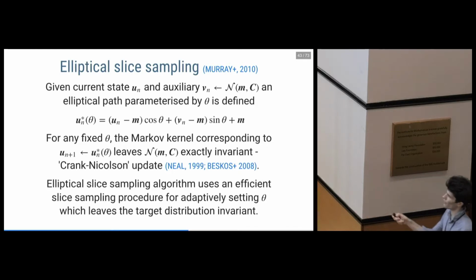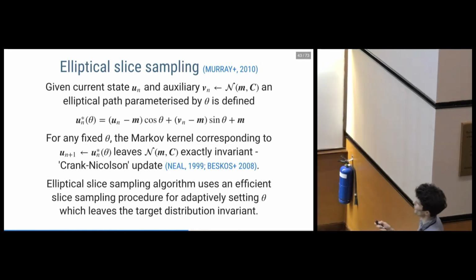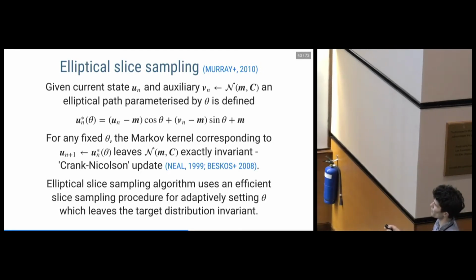This form here should be familiar to those who know Crank-Nicolson type updates, the equivalents under various different names in a Metropolis-Hastings setting. Sometimes we instead parameterize this cos theta as some correlation parameter rho, and then sin theta would be the square root of 1 minus rho squared.